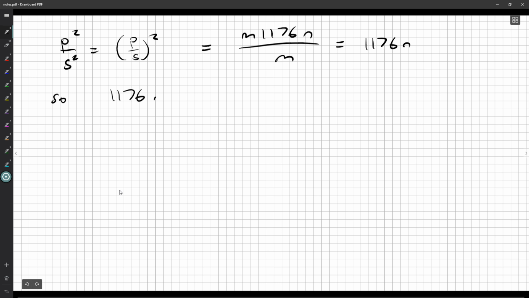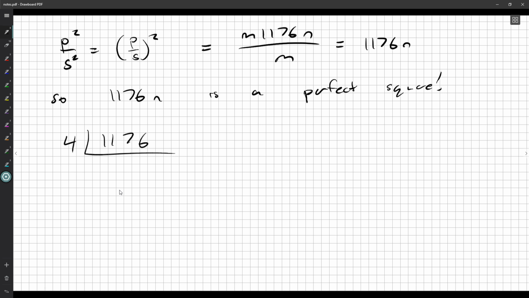So 176N is a perfect square. All right, I think we've been sort of avoiding the issue long enough. 1,176. What are you as a square? Obviously, you got a factor of 4 here. So I'm going to divide by 4. I'm just going to speed this up with my calculator.